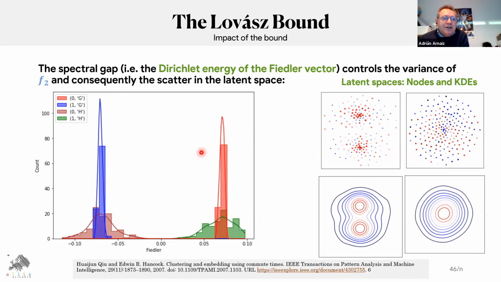In addition, if we look at the latent space of the first graph, here we map each node, and the strength of the color is the degree. Nodes of high degree are clustered together in the latent space of the commute time embedding, and you can see that in these level curves.